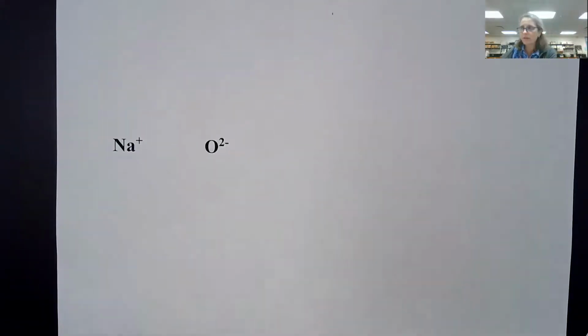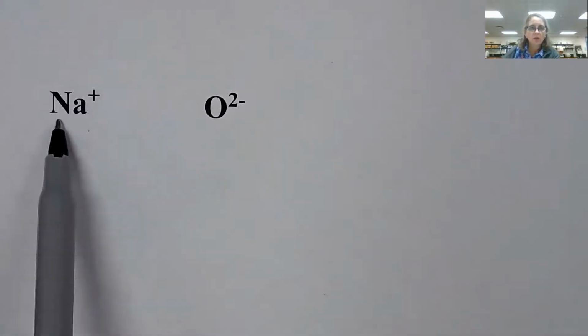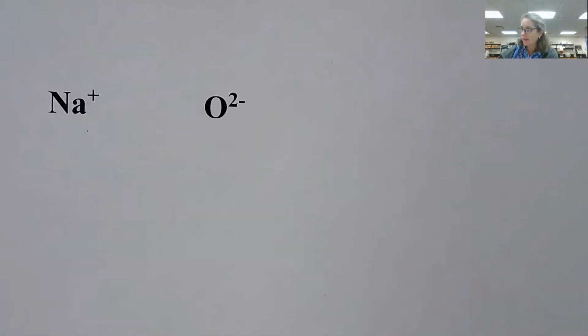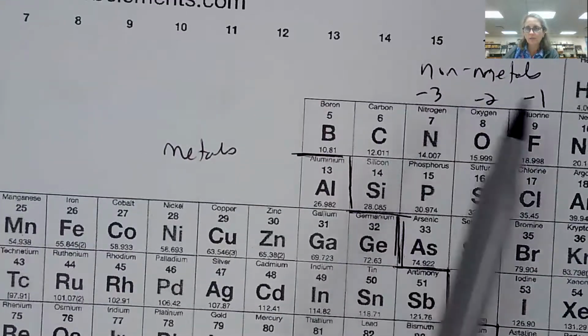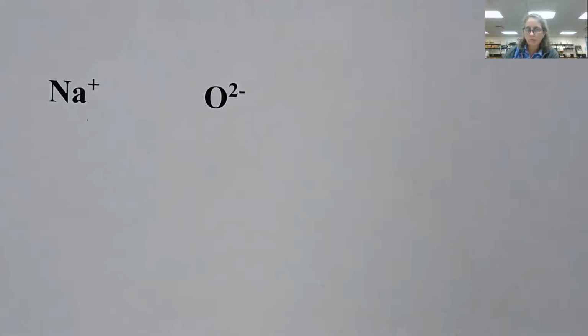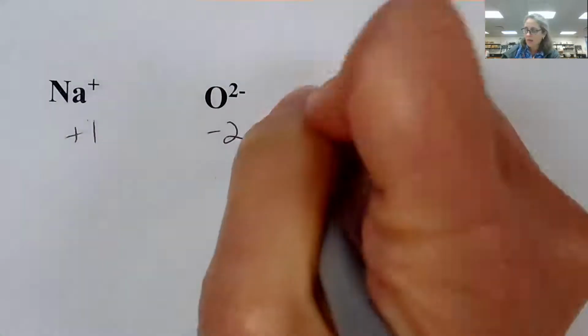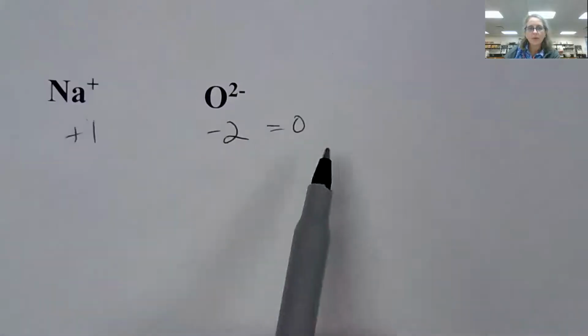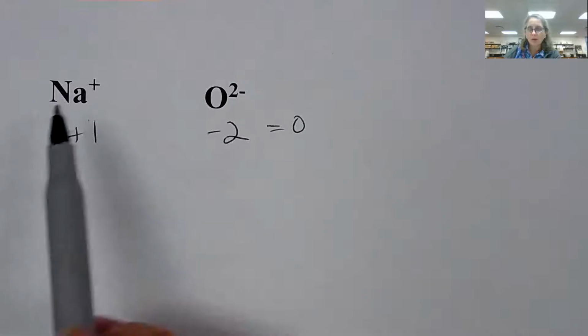So what if you have something that has two different charges? Sodium getting together with oxygen. Now oxygen is over here, in a -2 column. So sodium is a +1 and oxygen is a -2. If I just added them together that way, I would not get to 0. So what I need is more of the positives.